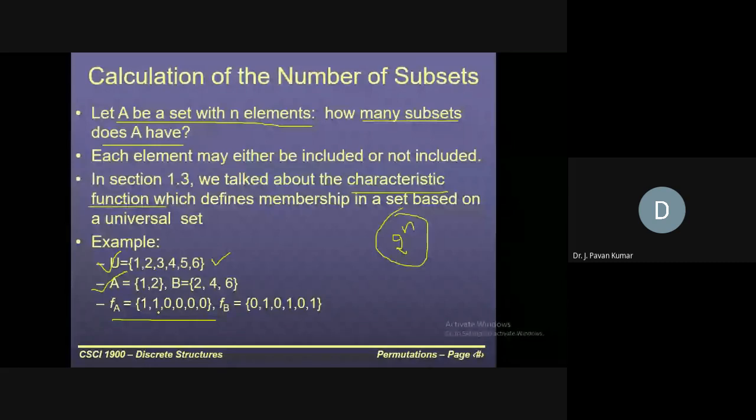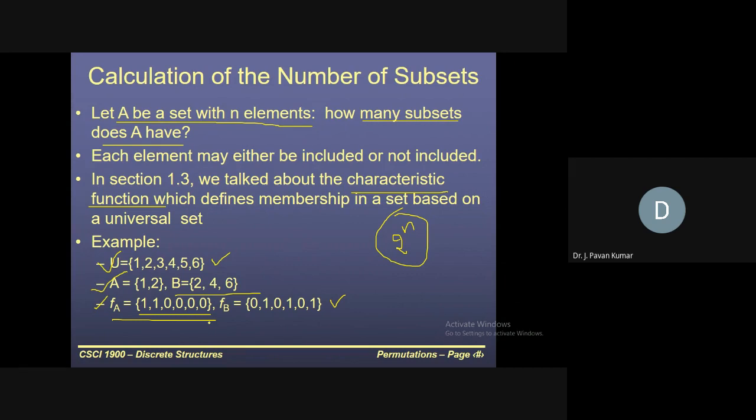So 1 1 0 0 0 0, this will be the characteristic function. For B, 2 4 6, the corresponding entries will be 1, remaining will be 0. Now consider how many entries we will have in each characteristic function.